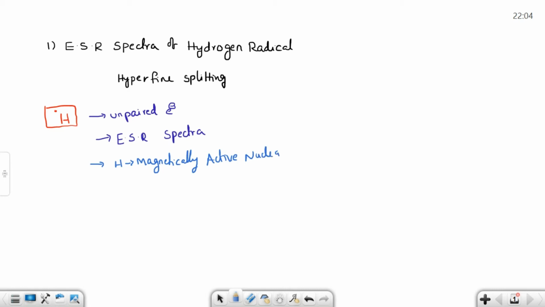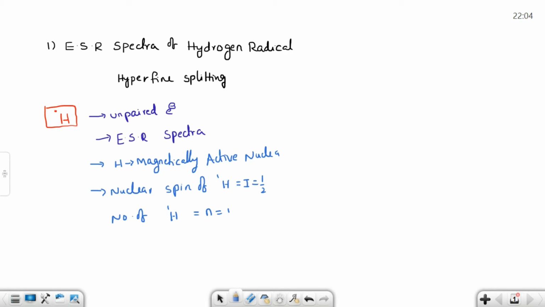The nuclear spin of the proton, the I value, is 1/2, and the number of protons is n equals 1.